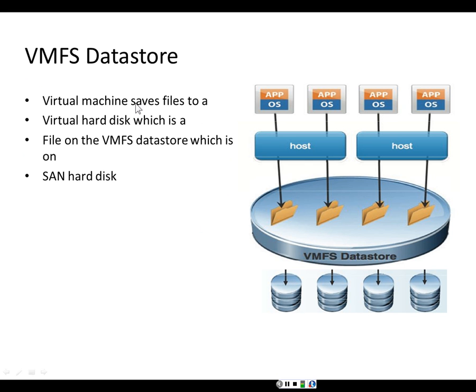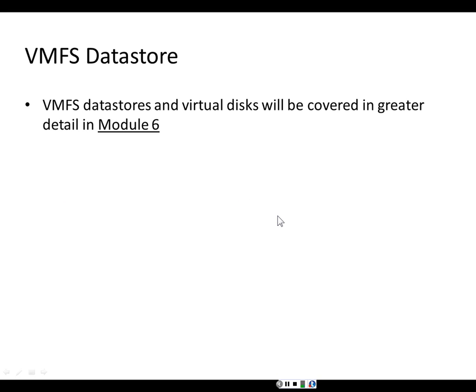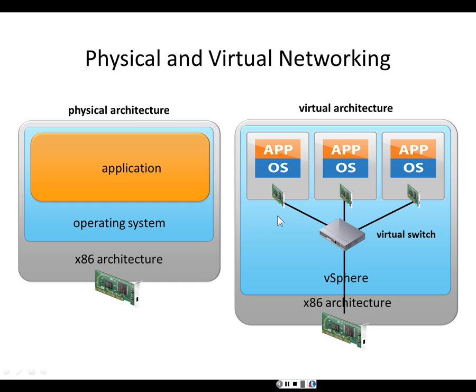And a virtual machine saves files to a virtual hard disk. And a virtual hard disk is a file on the VMFS data store which is located on the storage area network hard disk. And I know that's kind of complicated, but we will cover this in greater detail in Chapter 6. Now let's discuss physical and virtual networking.